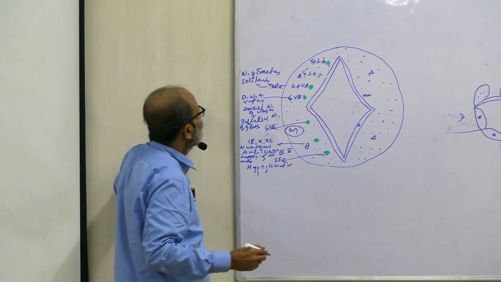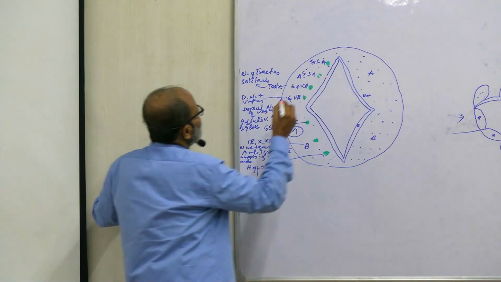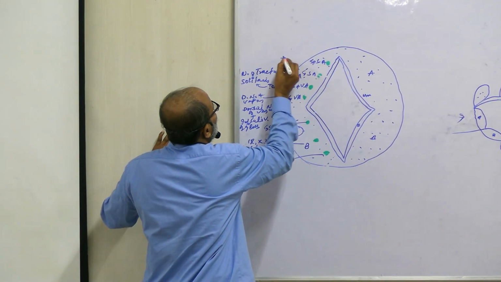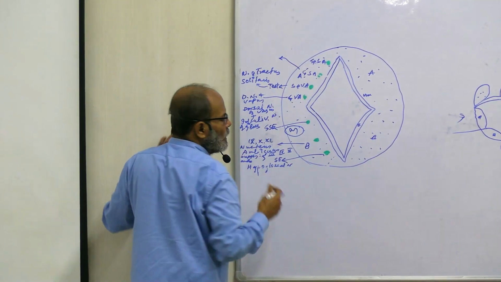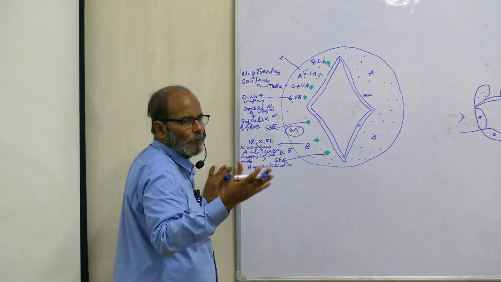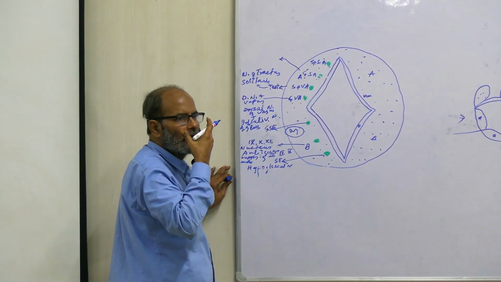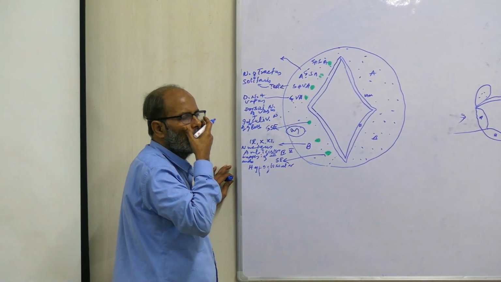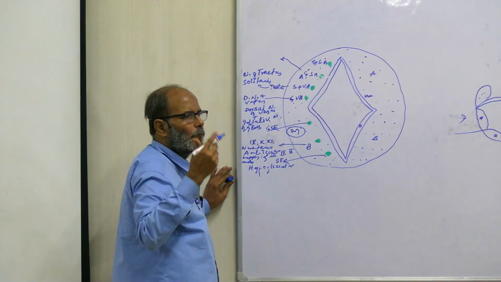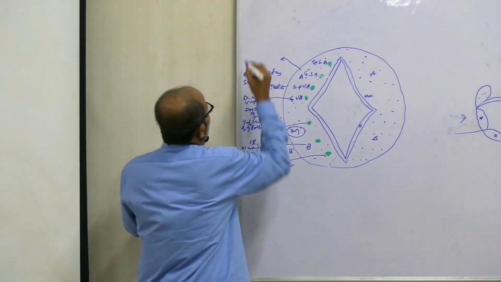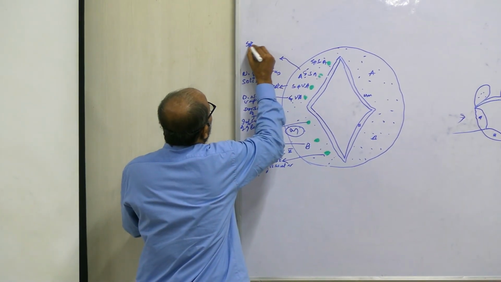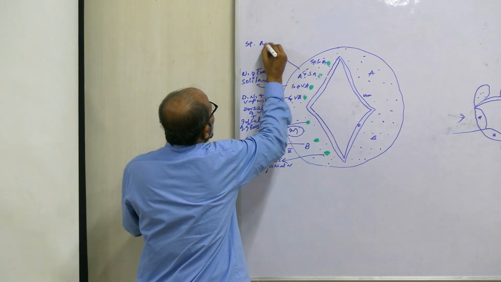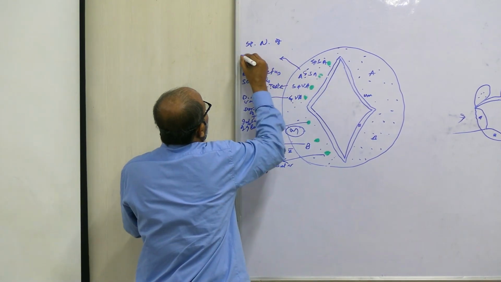Right? Now the general somatic afferent. General somatic afferent means the nerve which is carrying sensation from your face and head, that is the spinal nucleus of the trigeminal nerve.